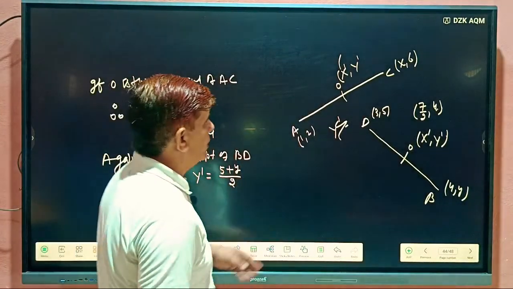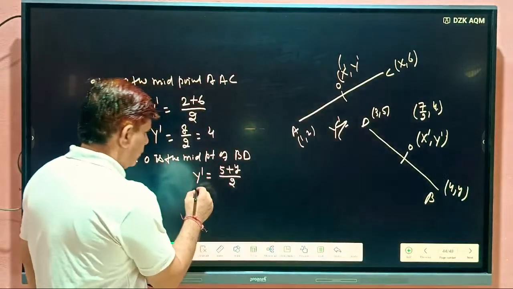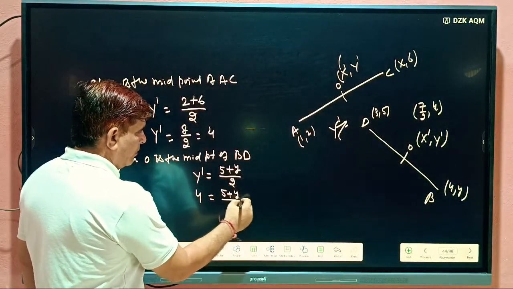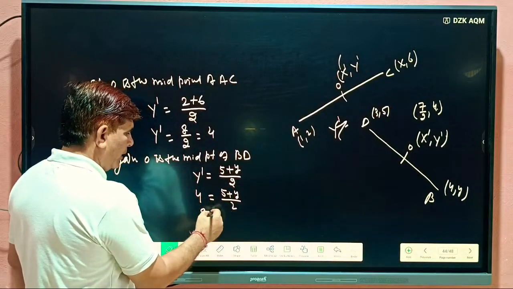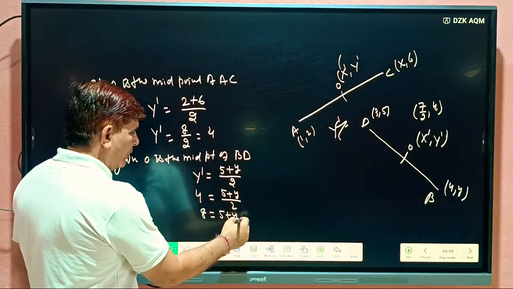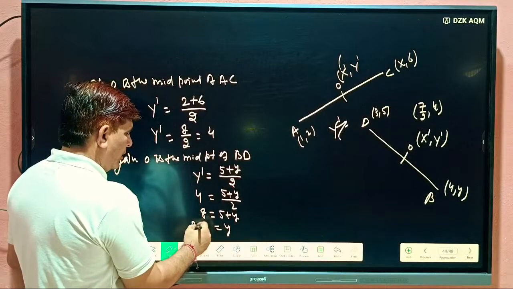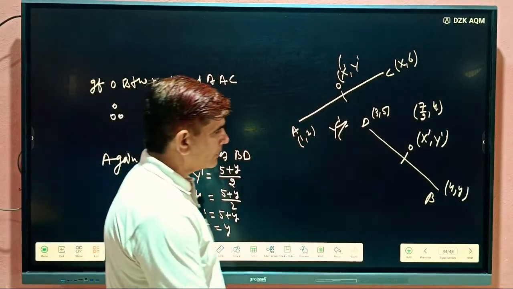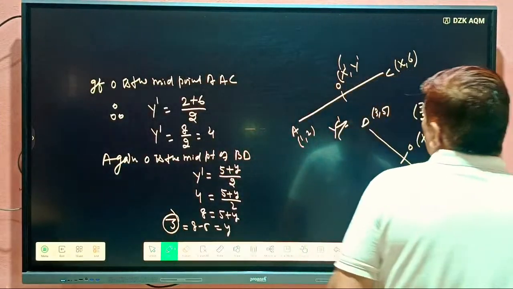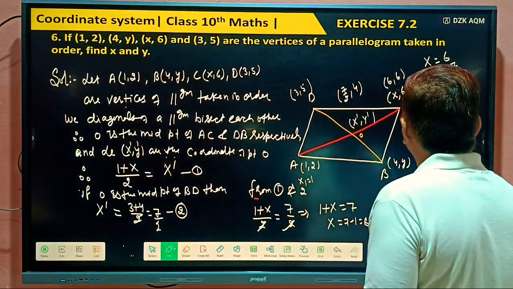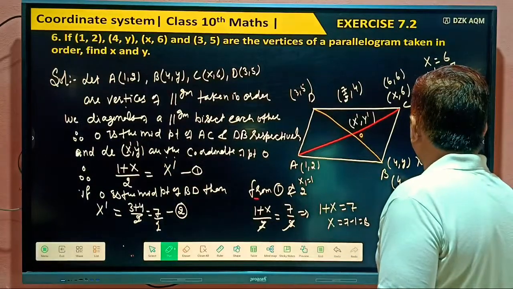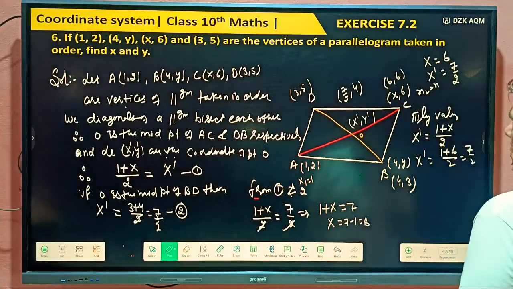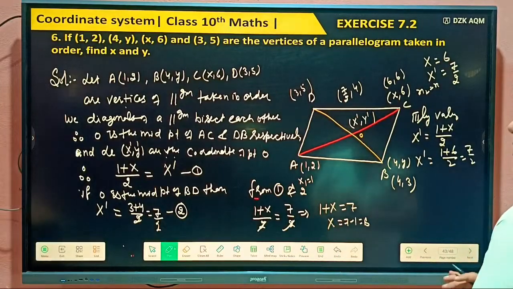But what is y dash? 4. So 4 equals (5 plus y) by 2. Bring in that side: 8 equals 5 plus y. So y is 8 minus 5, how much? 3. So we can say the coordinates are 4 and 3. Got it?